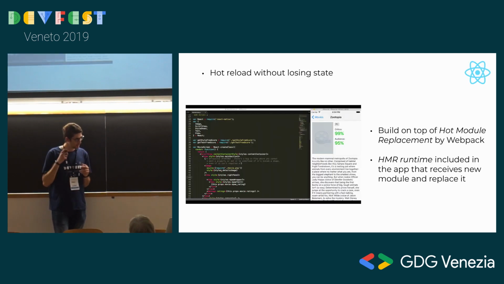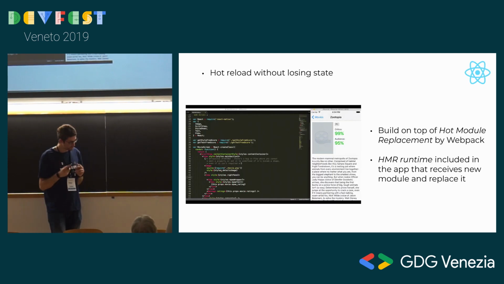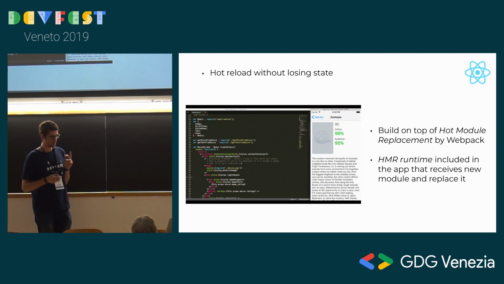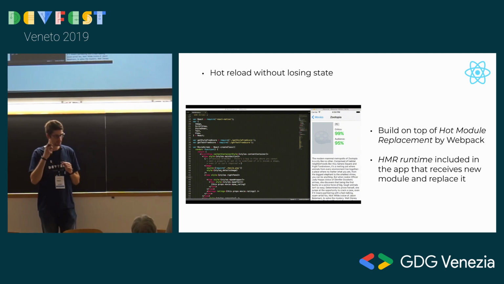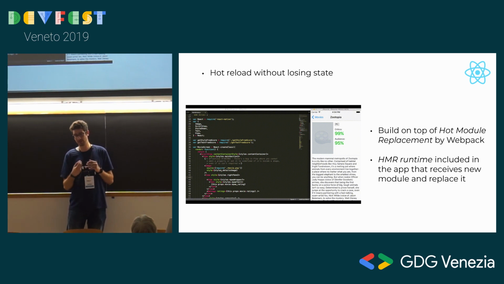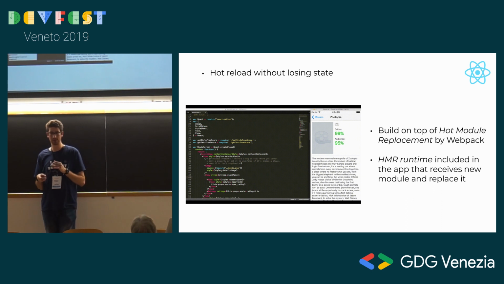And this is really useful. In React Native it is achieved by using a module of Webpack, and in just two words, there is a runtime that receives the new code and replaces the old one.